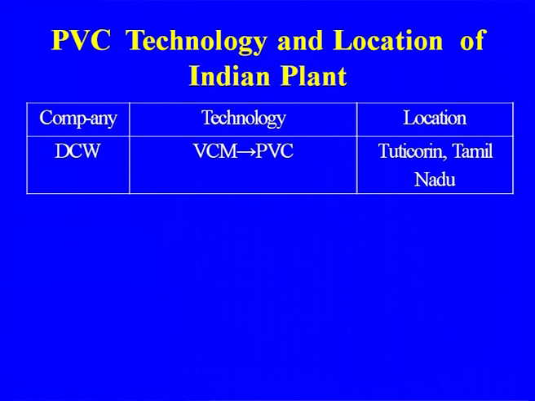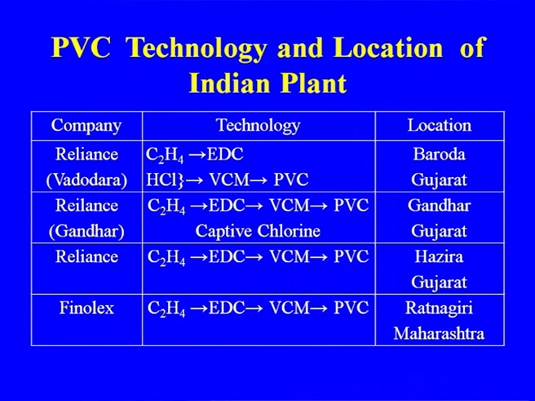Reliance Vadodara, Reliance Gandhar, Reliance Hazira are all using the ethylene from the cracker plant, and Finolex Ratnagiri is also using ethylene for making of the vinyl chloride.